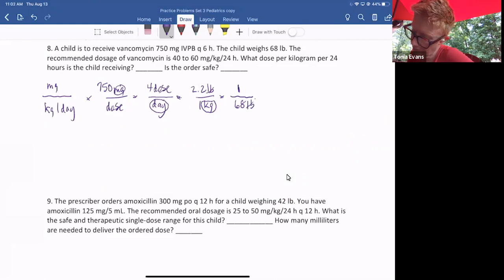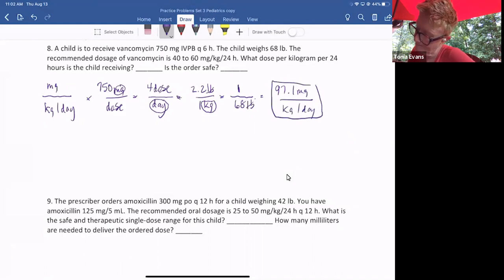So I'm left with milligram, day, and kilogram. Our math here, 750 times 4 times 2.2 divided by 68 equals 97.1 milligrams per kilogram per day.